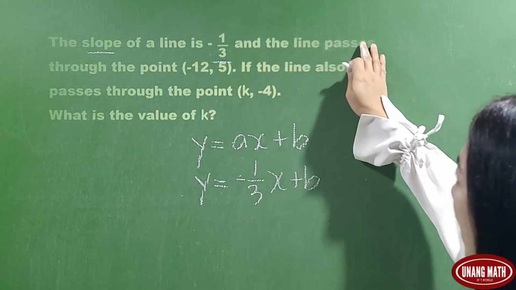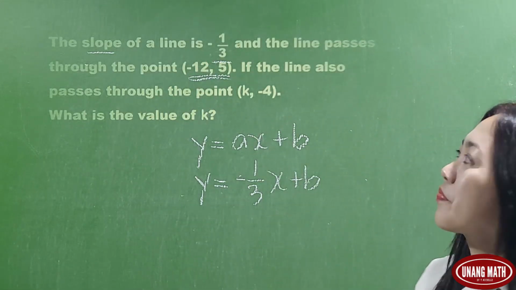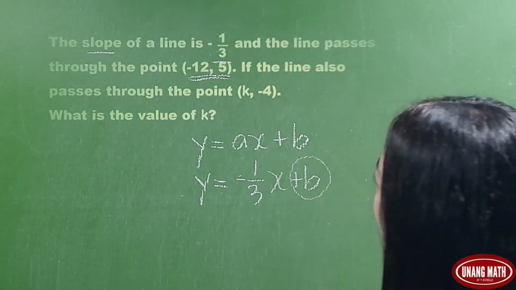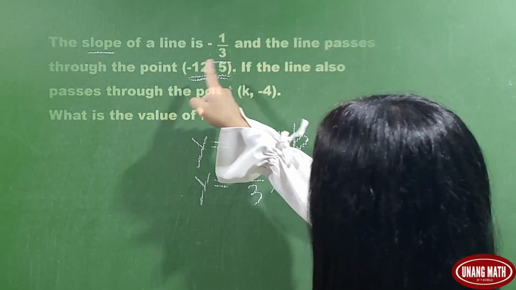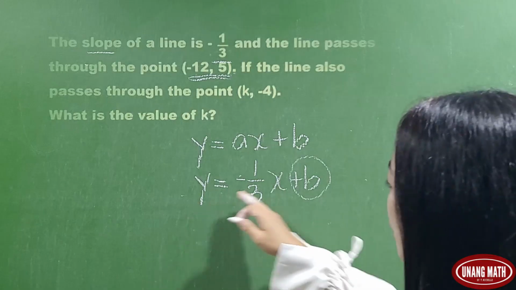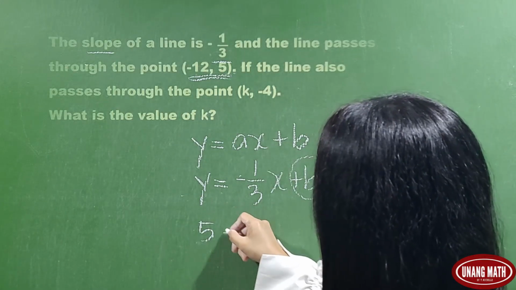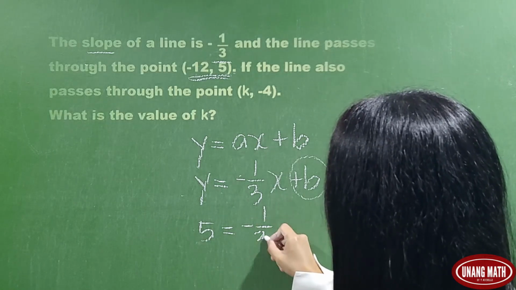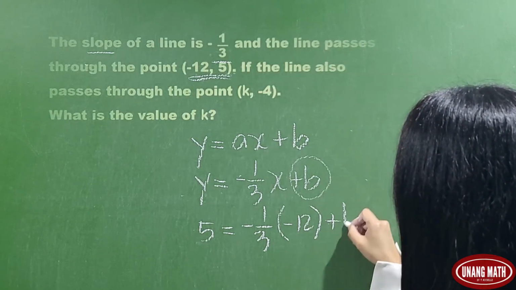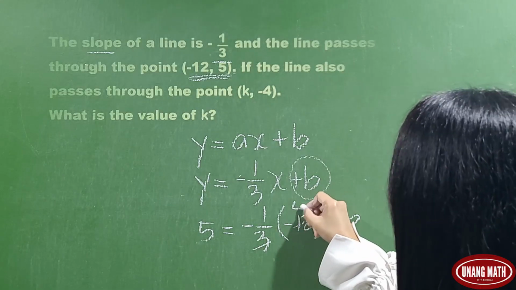Okay, this line passes through the point (negative 12, 5). Now, to find the value of b, we will be substituting these coordinates x and y in this function. So, 5 is y, so this is 5 is equal to negative 1 over 3 times x, which is negative 12, plus b. If we simplify, this is now 4.